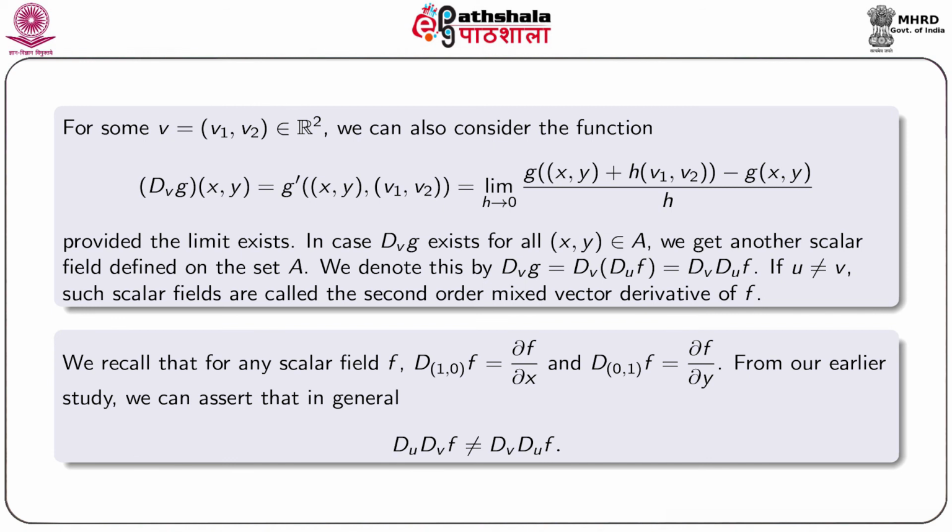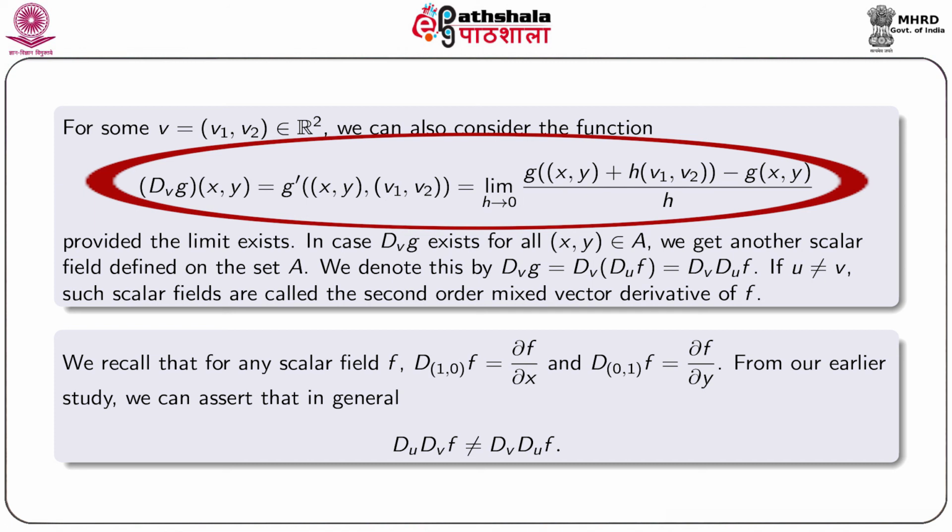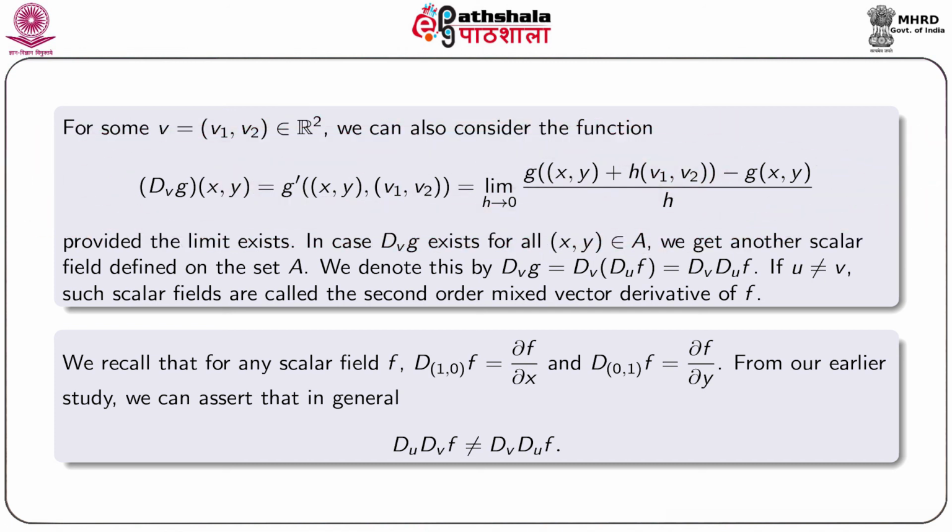Now, let us consider some vector v in R2 whose components are v1, v2. We can also consider the function d_v g(x,y), that is g dash (x,y) (v1, v2), which is defined by the limit of the quantity g of (x plus h v1, y plus h v2) minus g(x,y) by h as h approaches 0, provided the limit exists.